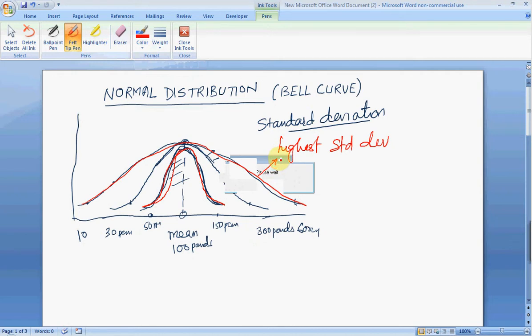So this is the concept of normal distribution. And how do we use this concept in option trading? We can supplement this data by saying that the mean is the present price. Let me draw this again.